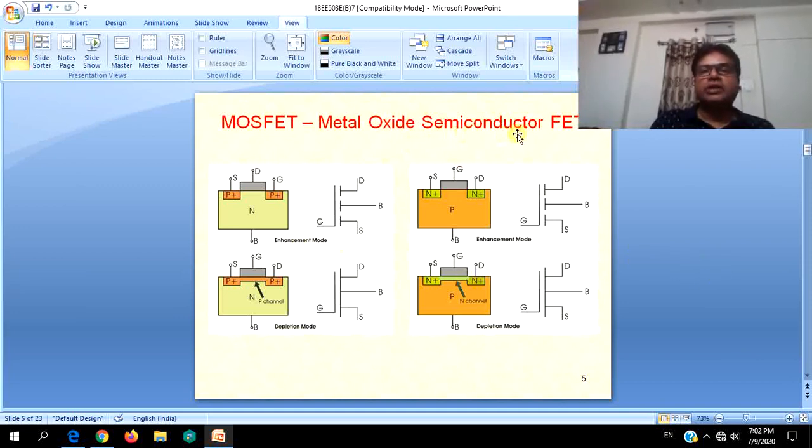MOSFET, metal oxide semiconductor FET. After the invention of the BJT, there came another transistor, depending on its working principle, the field effect transistor.